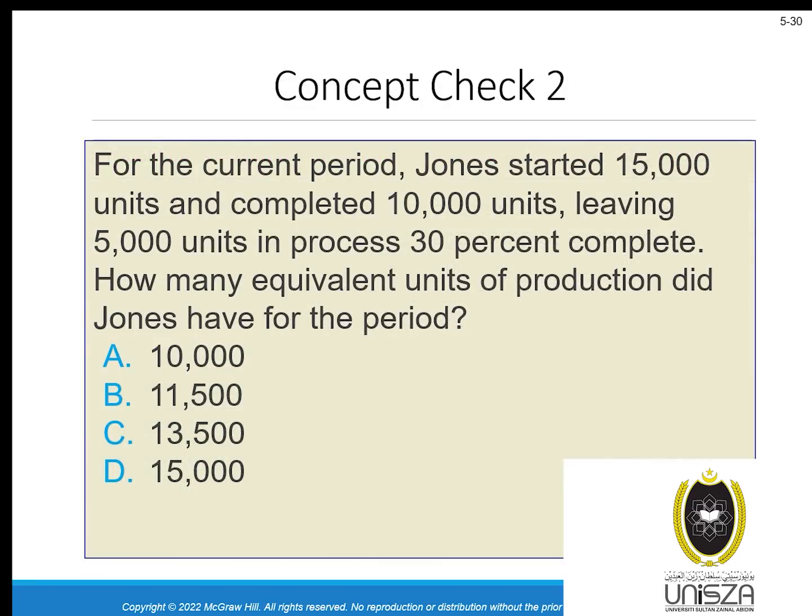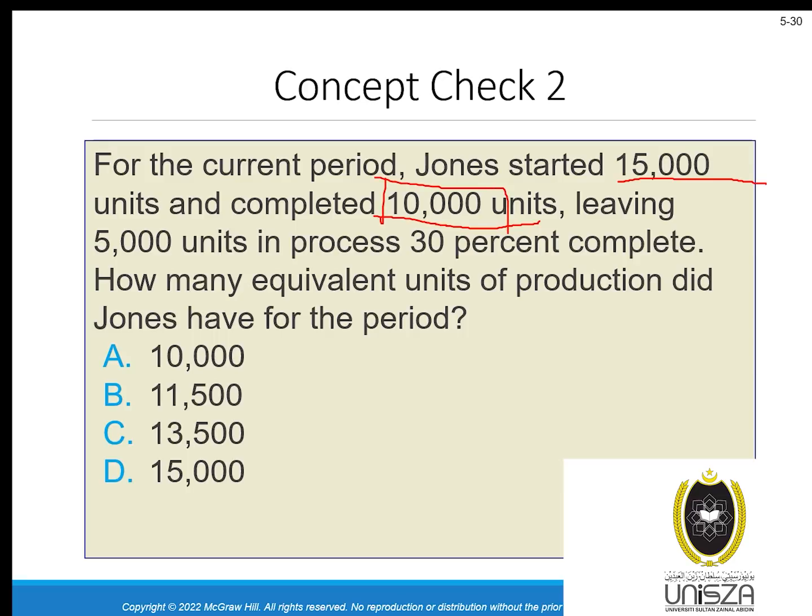Now we're going to check the understanding of calculating the equivalent units. For the current period, June started 15,000 units and completed 10,000 units. This is the number completed.